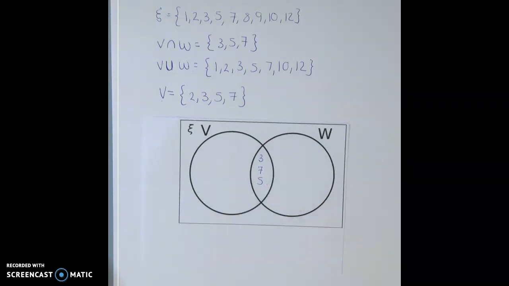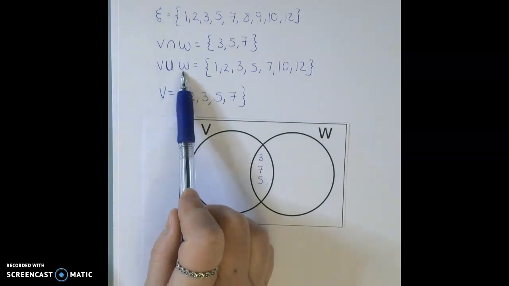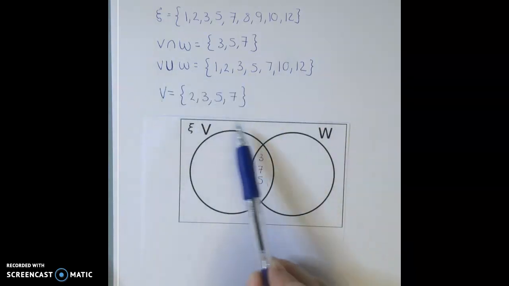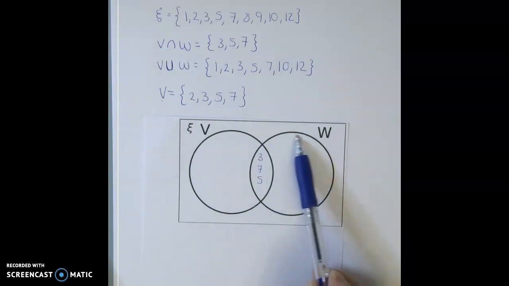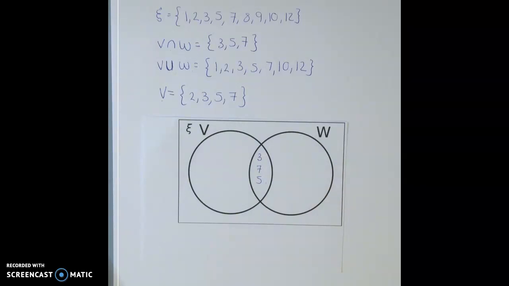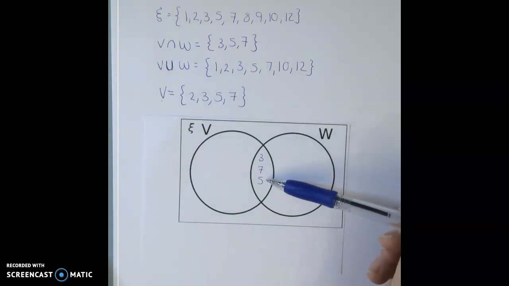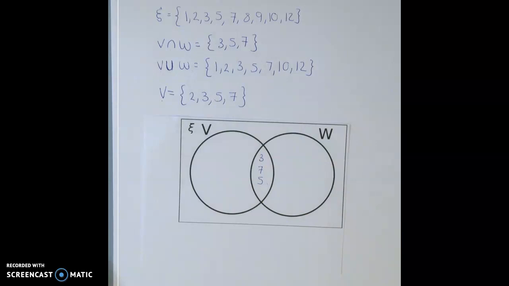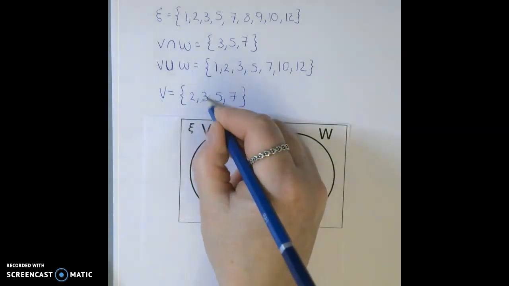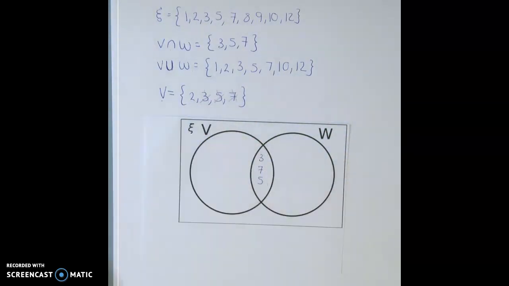And we are also told that V union W is all these numbers here. So V or W are these two circles here. So from the subset V, the remaining number, once we take the 3, the 7 and the 5 out, so if I just cross those off, because they appear in the middle here, we are left with 2.